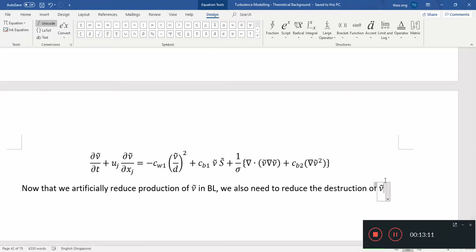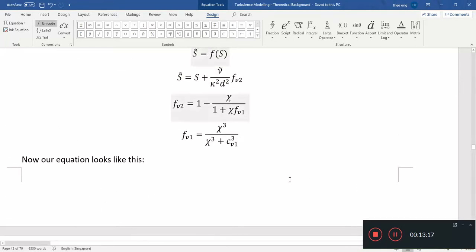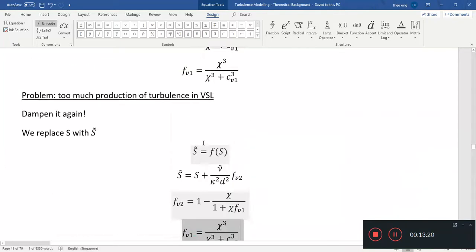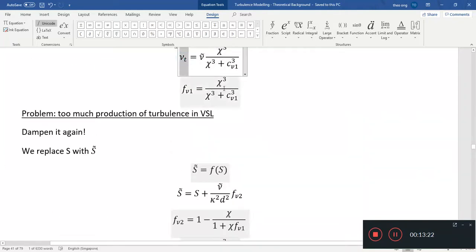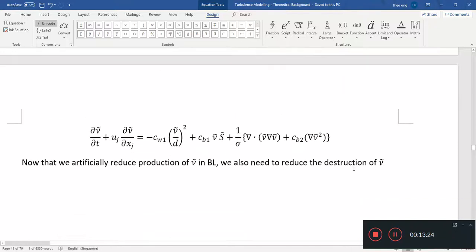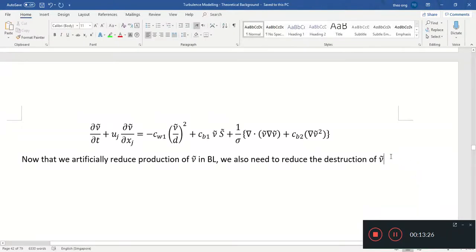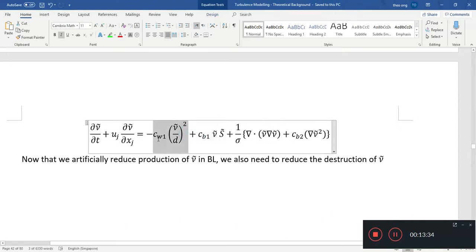But towards the wall region, we just leave it as it is, so that it's easy to calculate. Then we just dampen using these damping functions to get the actual turbulence viscosity. We also need to reduce the destruction of nu tilde to ensure everything is balanced out correctly. Because you reduce the production, you also need to reduce this by roughly the same amount, so that it balances off nicely.